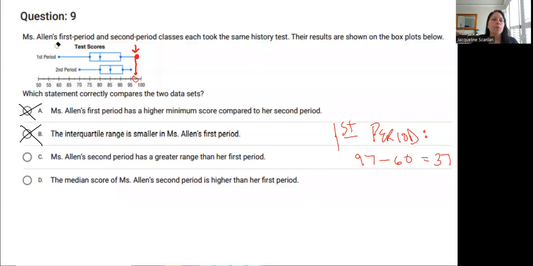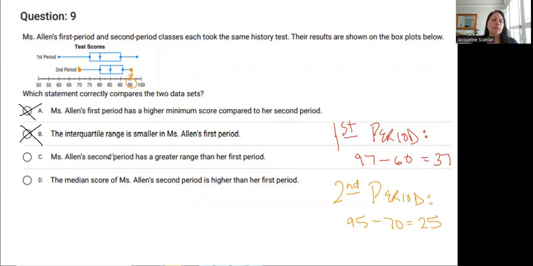Then to find the range of her second period class, I'm going to take the smallest value, which is 70. And I'm going to subtract it from the largest value, which is about 95. And 95 minus 70 is 25.